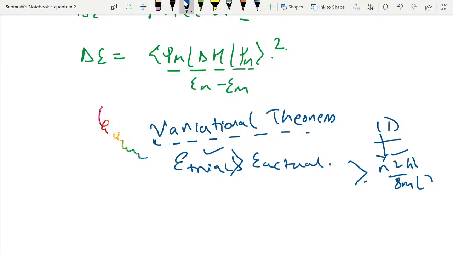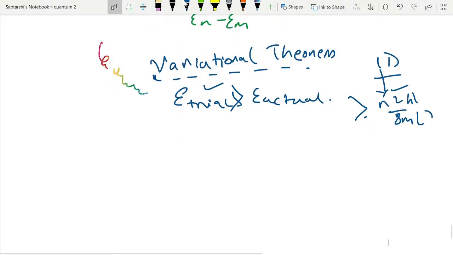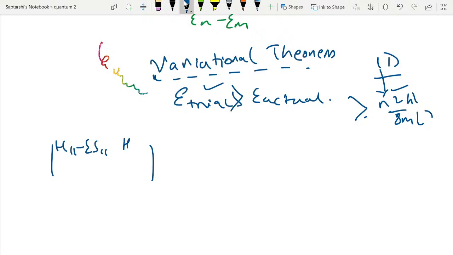Now we talk about the secular determinant, which is also a part of variational theorem. It is given by the determinant of h11 minus E s11, h12 minus E s12, h21 minus E s21, h22 minus E s22, and this equals 0.